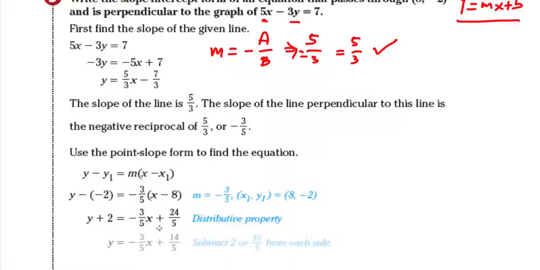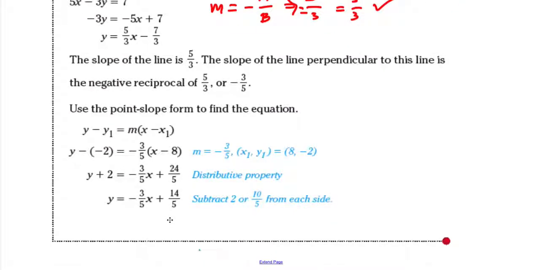Then subtracting 2 from both sides, you have negative 3/5 x plus 14/5. Subtract 2, or 10/5. Why 10/5? Because it's easier to subtract 10/5 from 24/5, and 10/5 is 2 as well. If you notice, we are now in slope-intercept form.